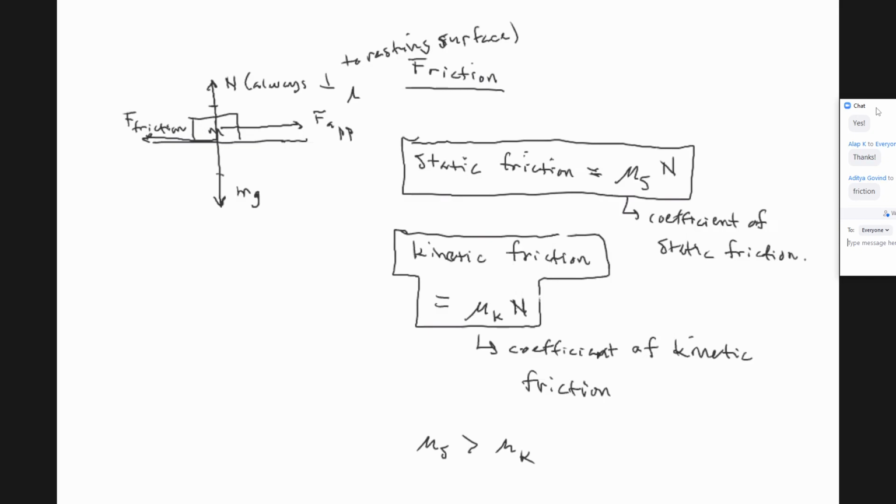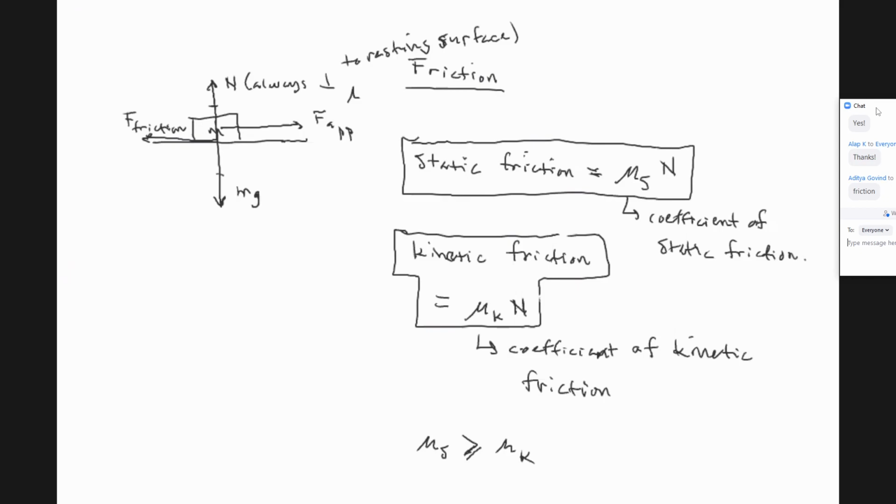But the second it has motion, then it's really easy to just keep it moving. So that's the difference between overcoming static friction and kinetic friction. And when we're dealing with the ideal MCAT physics world, they can equal each other, but that only happens in ideal MCAT physics land. Most of the time, in real life, mu s is always greater than mu k.